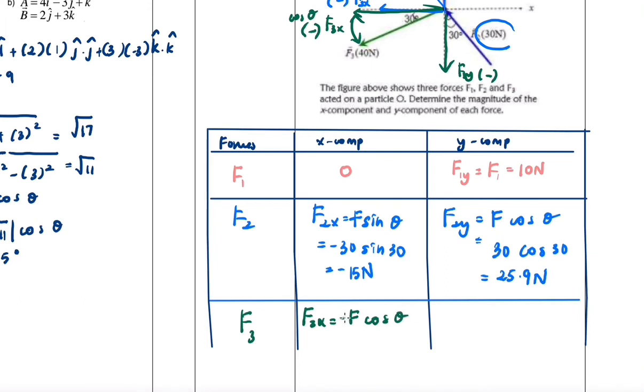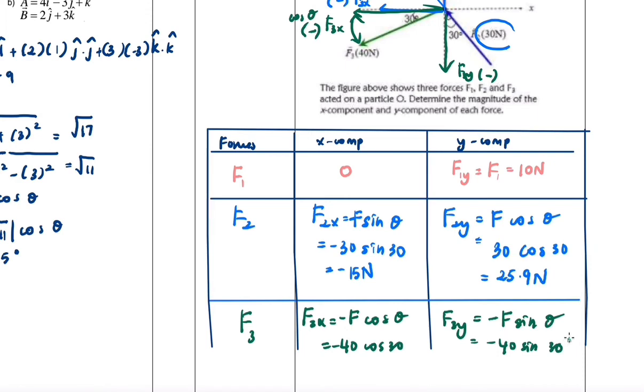Don't forget your negative. Yang ni F3y equals to negatif juga sebab dia ke bawah, negatif F sin theta. Dan you masukkan sahaja nilai negative 40 cos 30 degree, and this one is negative 40 sin 30 degree.